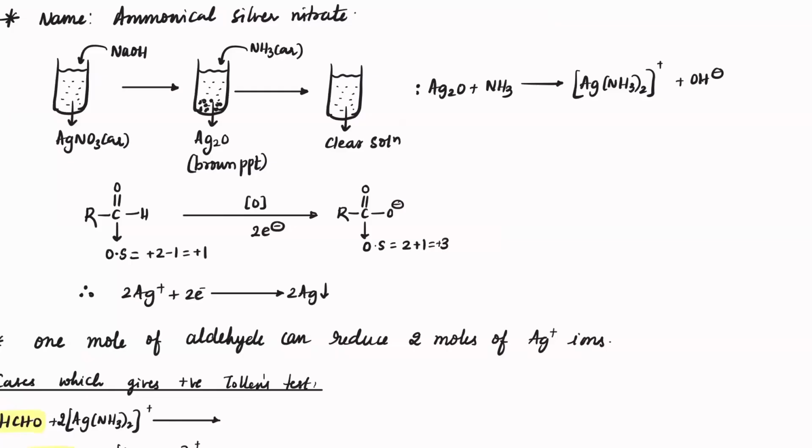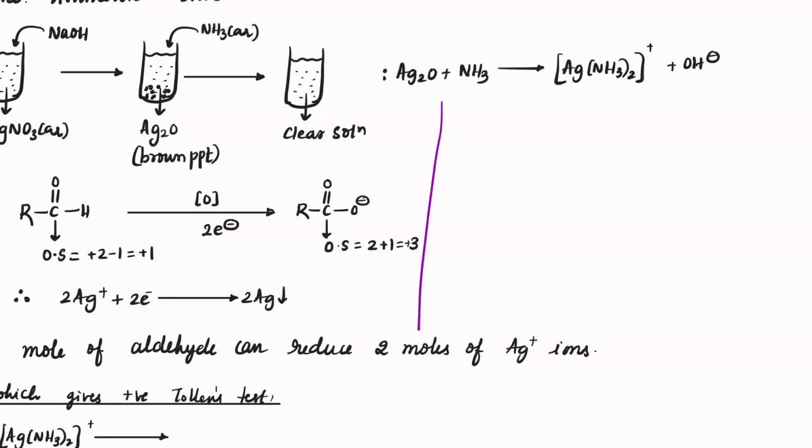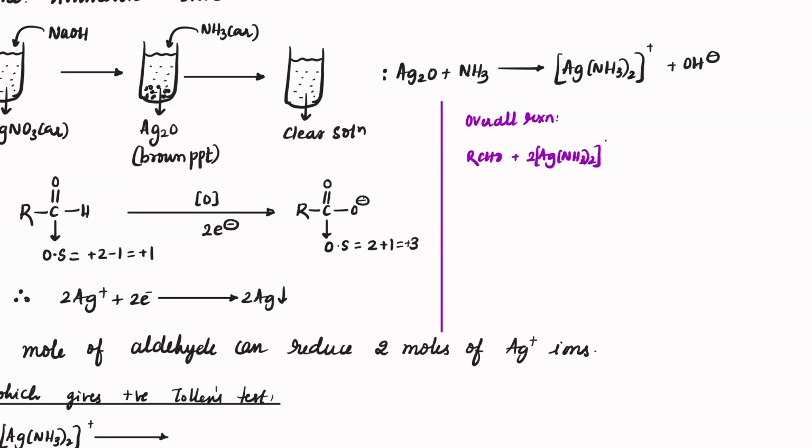So the overall reaction would be like this: aldehyde RCHO plus 2 moles of Ag(NH3)2+ plus 3 moles of OH minus gives RCOO minus plus 2 moles of silver plus 4 moles of ammonia.